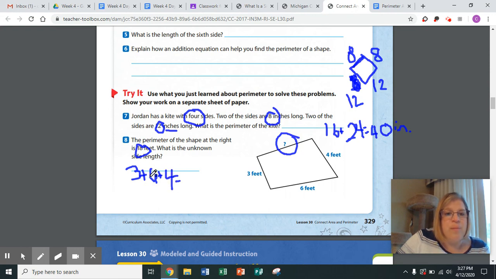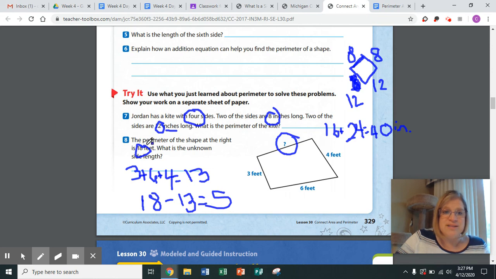And you should have come up with 6 and 4 is 10. 10 and 3 is 13. Okay, we're not there yet though because we have to get to 18, that end number. So we should have done 18 minus 13, which is what we already know. When we subtract that, we should get 5. 5 what? There it is.